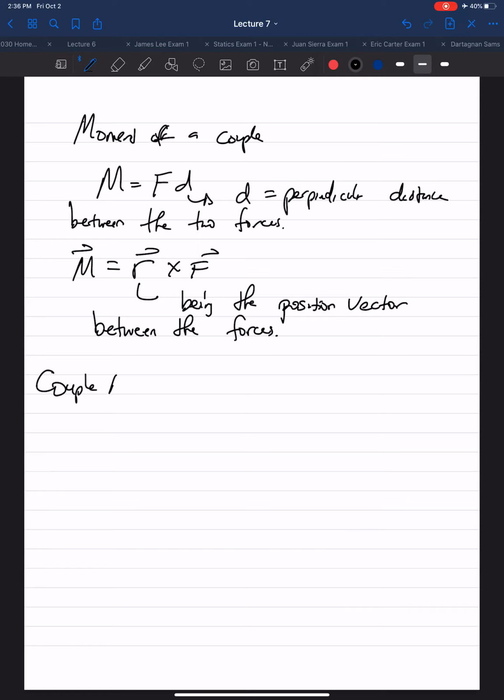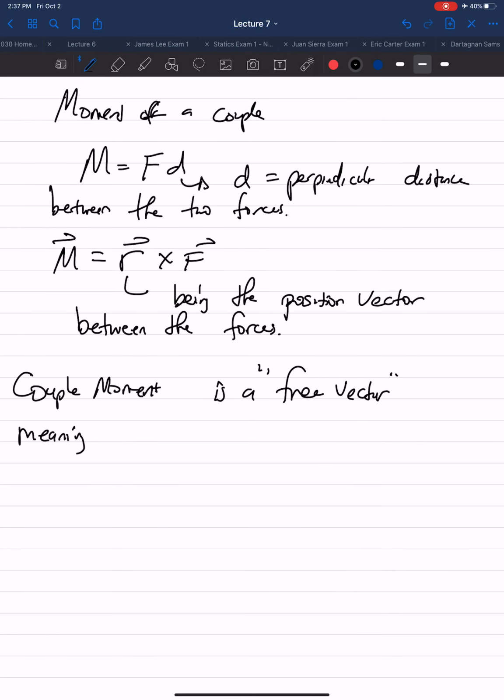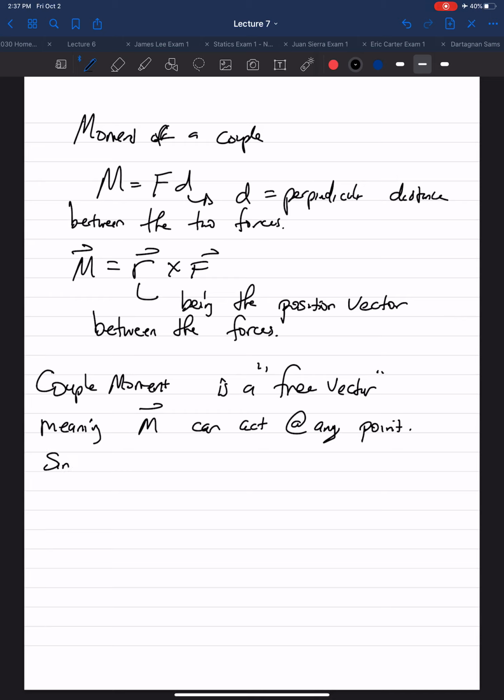A couple moment is a free vector, meaning the couple moment M can act at any point, since the couple moment depends only on r, which is directed between the two forces.